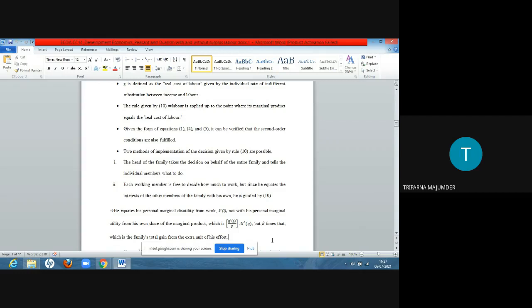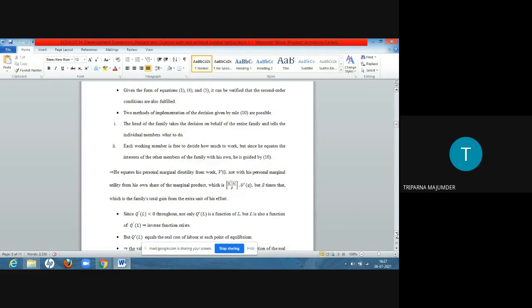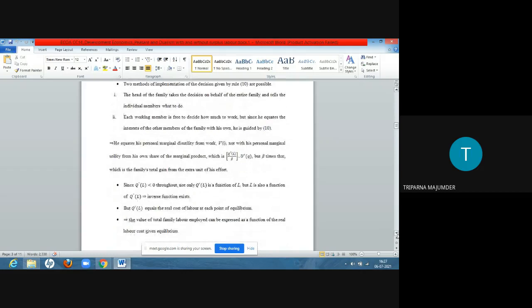He does not do that. What does he do? He equates his personal marginal disutility from work, that is V'(l), to this times beta, that is only Q'(L) into U'(Q), which is the family's total gain from an extra unit of his effort.